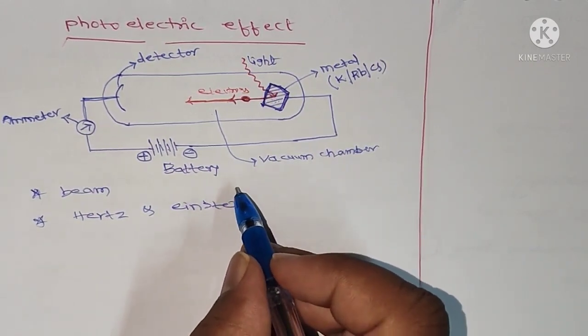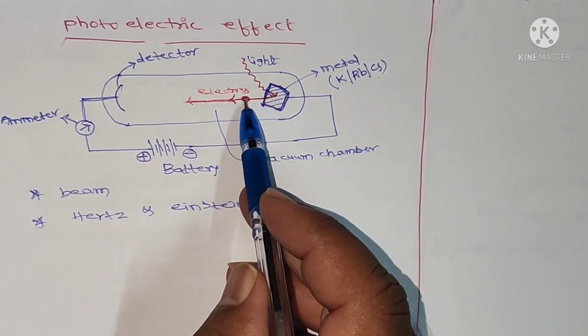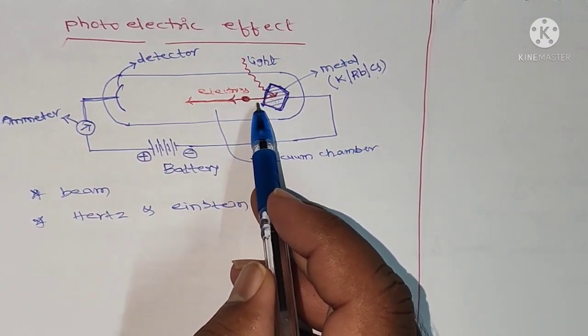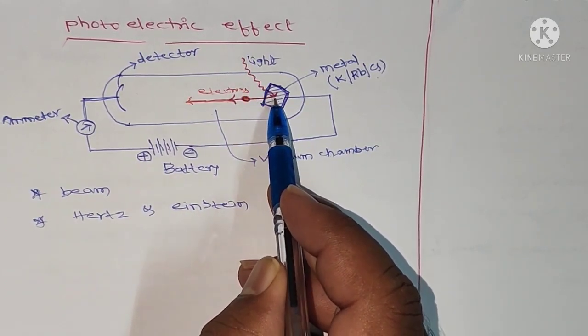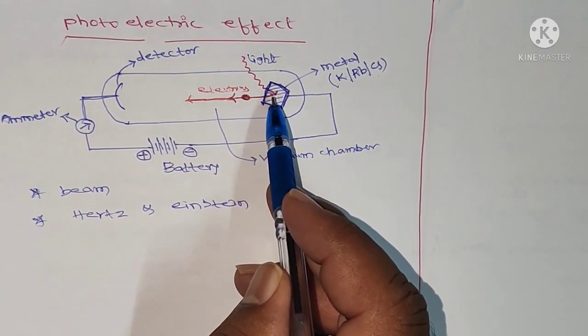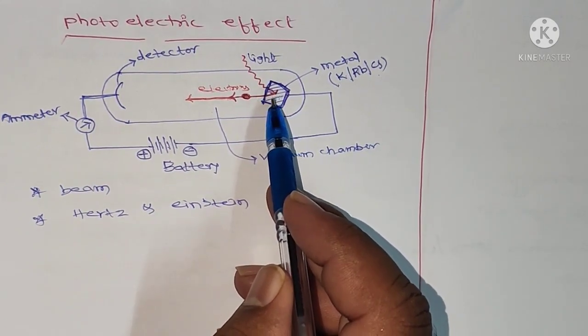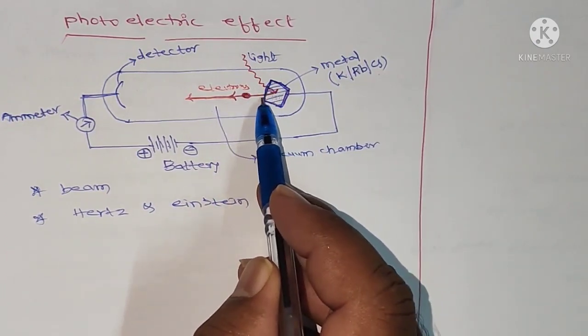Electrons are ejected from the metal surface as soon as a beam of light strikes the metal surface. That means there is no time gap between the striking light and the ejection of electrons.